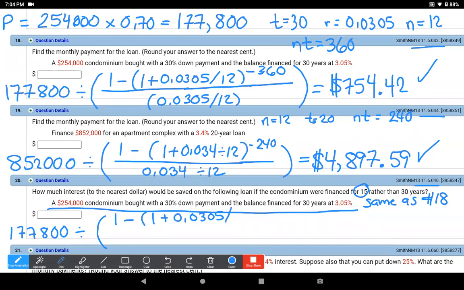The difference here is going to be in the exponent, right? Because if t is half the time, then the exponent is going to be half as large, right? So 15 is t, n is 12, n t, then 12 times 15 is 180, right?